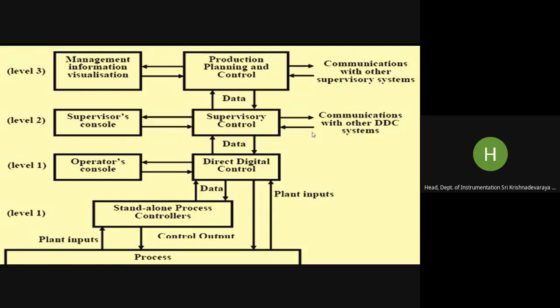Now you will see here, you have communications with other DDC systems. As I said, your SCADA is a huge network connecting different DDCs, that is direct digital control systems. These are spread all over the process industry. As we have learned earlier, a typical large scale process industry would be spread over a large area, from one end to another it may be 2 to 3 kilometers.